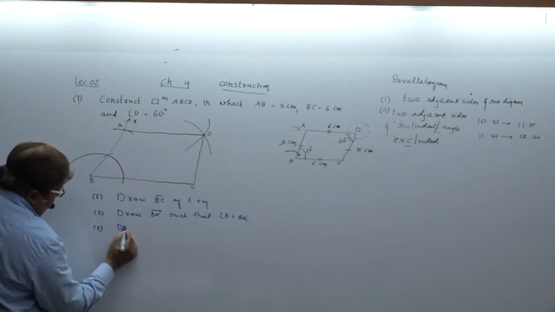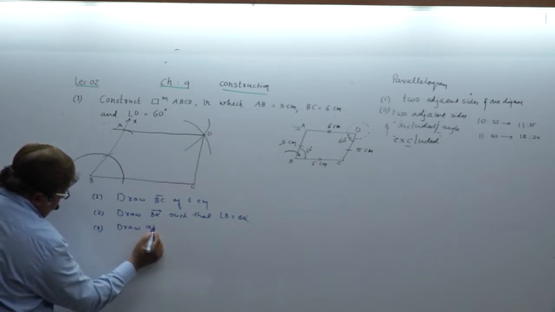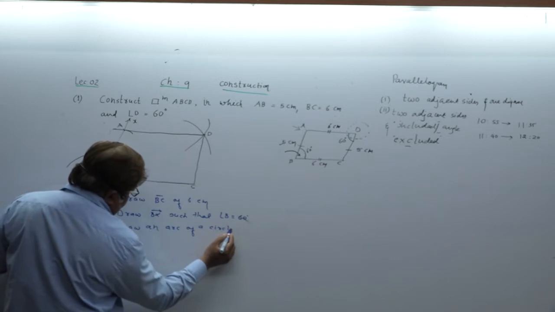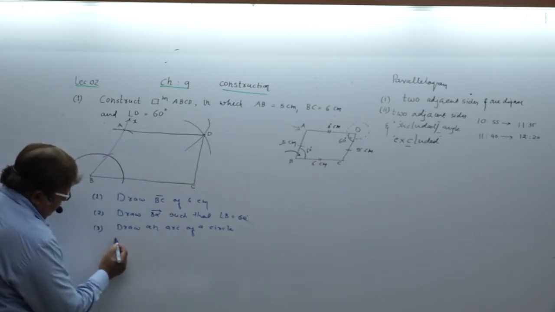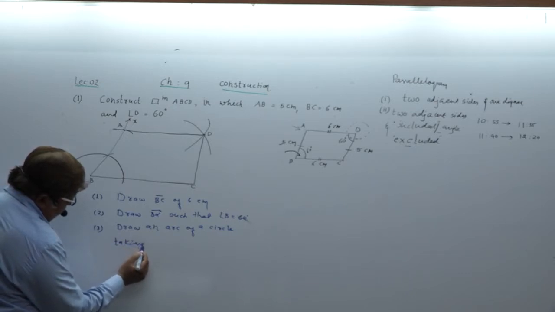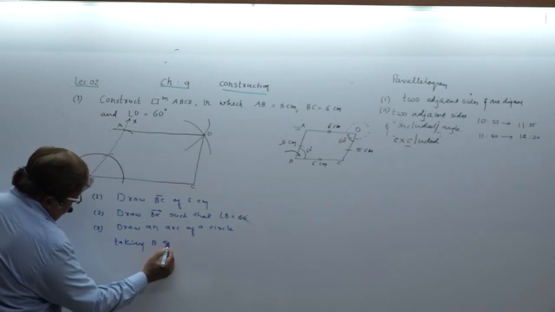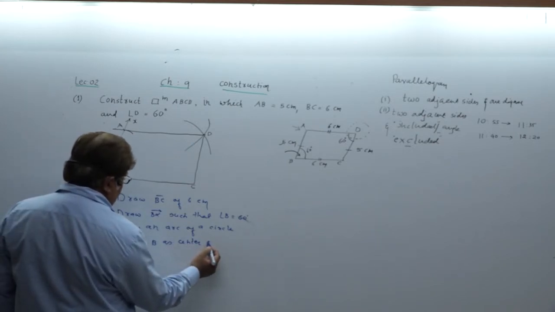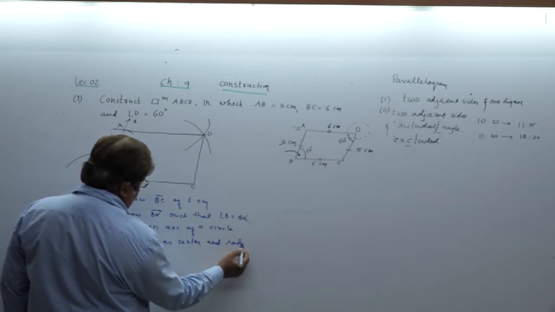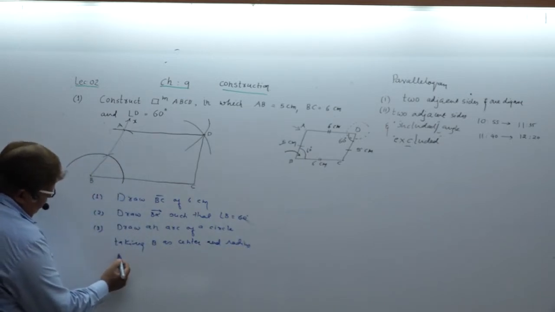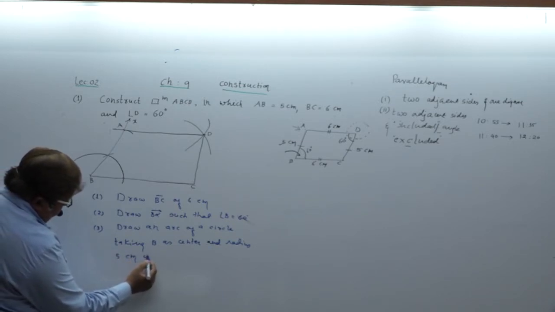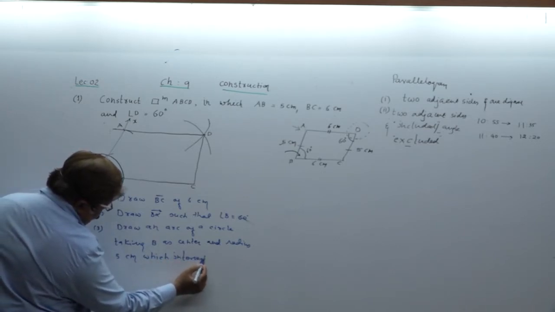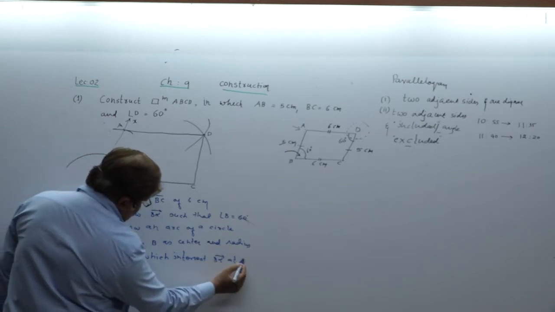So the step will be: draw an arc of a circle, taking B as center and radius, please note down with me, radius 5 centimeter, which intersects ray BX at A.